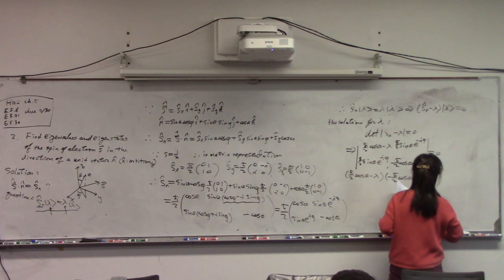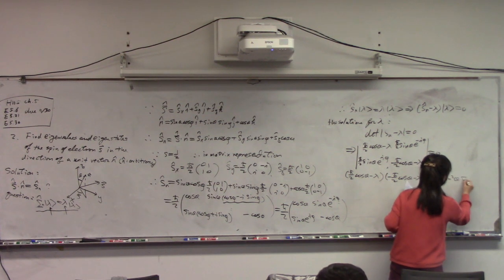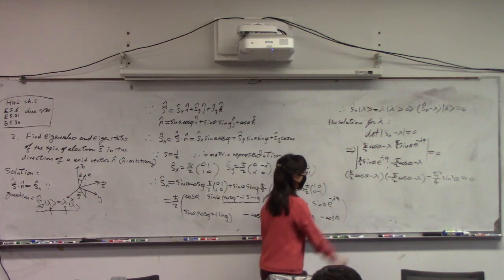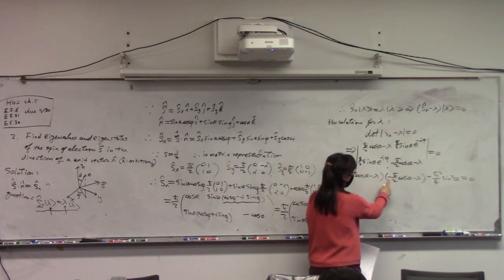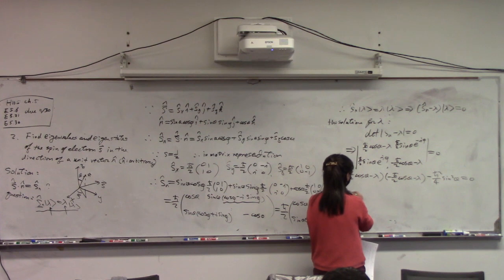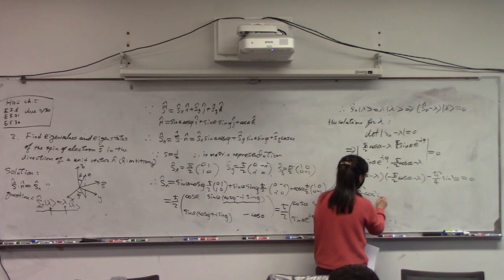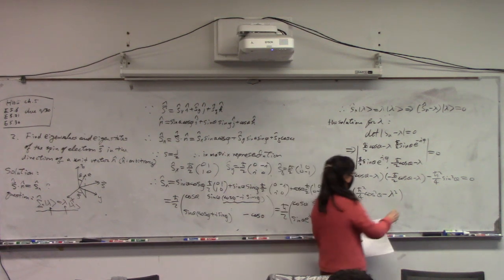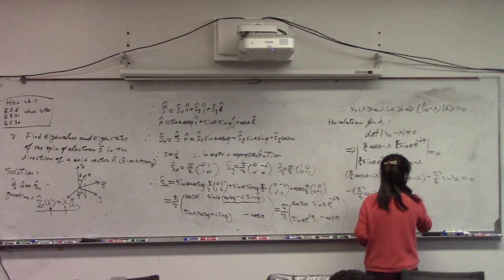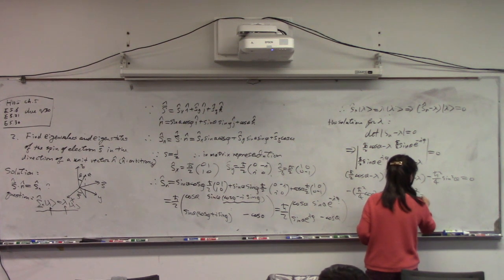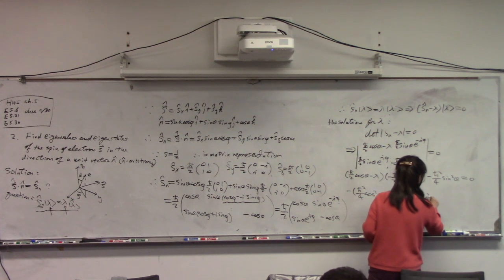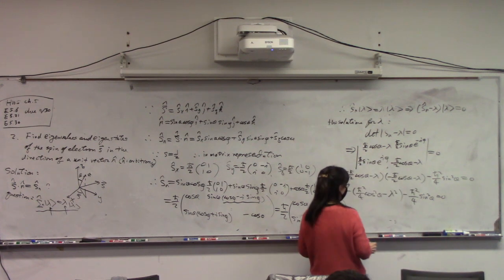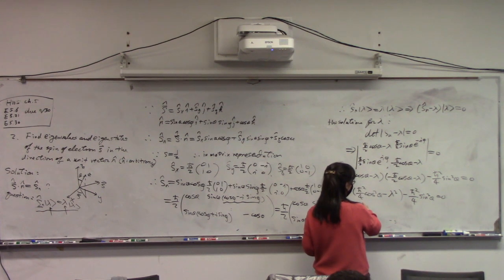We have h bar square over 4 sine square theta. So the solution, this one multiplied, well, you can take the negative sign. You have negative h bar square over 4 cosine square theta, minus lambda square, minus h bar square over 4 sine square theta, equal to 0.